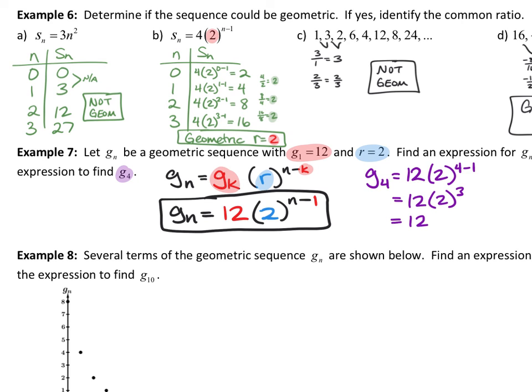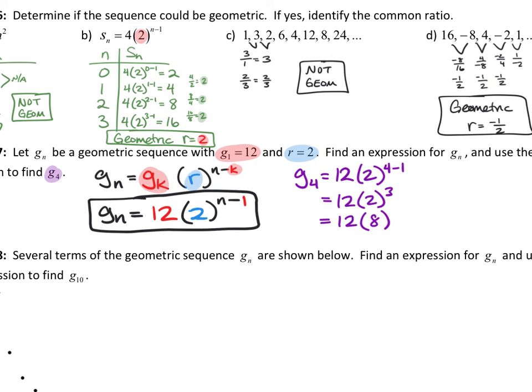Don't say 6. 8, I heard it. So then we're doing 12 times 8. So 2 times 8 is 16, carry the 1. 1 times 8 is 8, plus 1 is 9. That's 96. You see how it's very similar to when we did this with arithmetic?